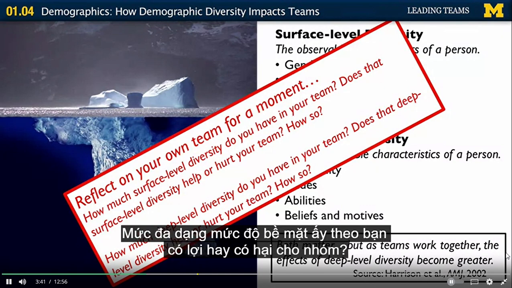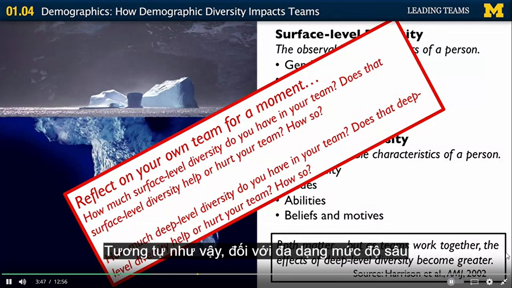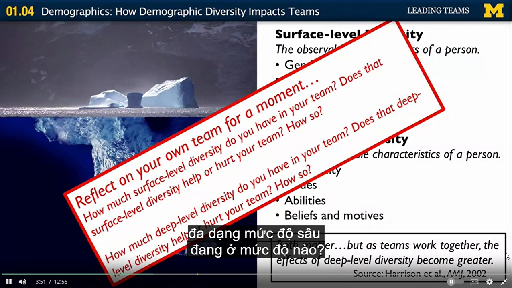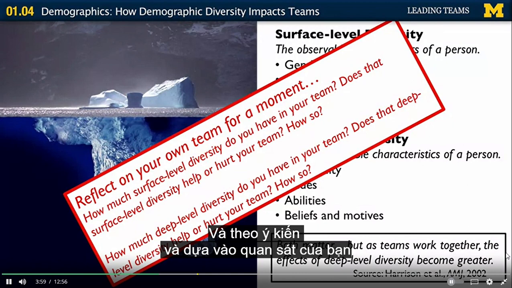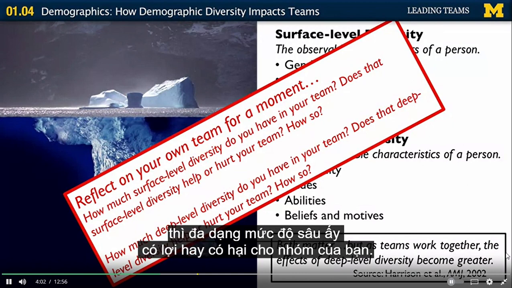Does that surface level diversity, in your opinion, help or hurt your team? And how so? Likewise, for deep level diversity, how much deep level diversity do you have in your team? On what dimensions are you diverse or not diverse? And in your opinion, based on your observations, does that deep level diversity help or does it hurt your team?